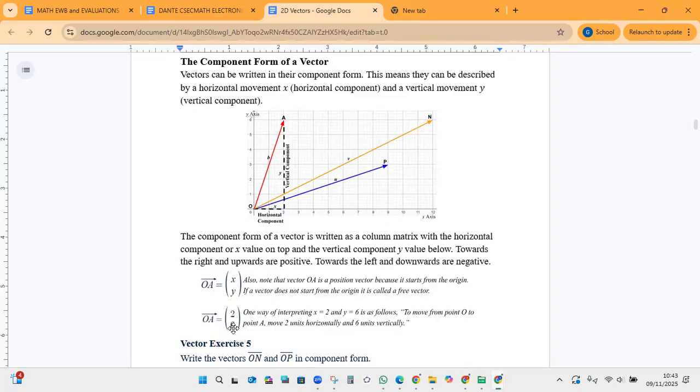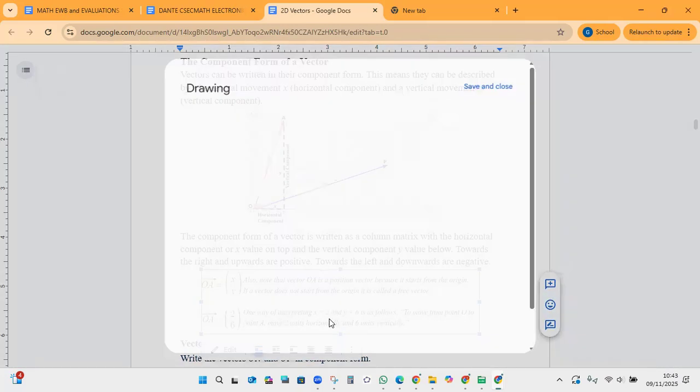All right? One way of interpreting x is equal to 2 and y is equal to 6 is as follows. To move from point O to point A, you've got to move 2 units horizontally towards the right, and 6 units vertically upwards, because positive is towards the right, positive is also upwards.